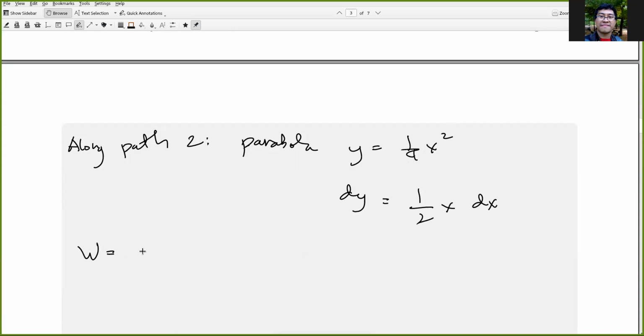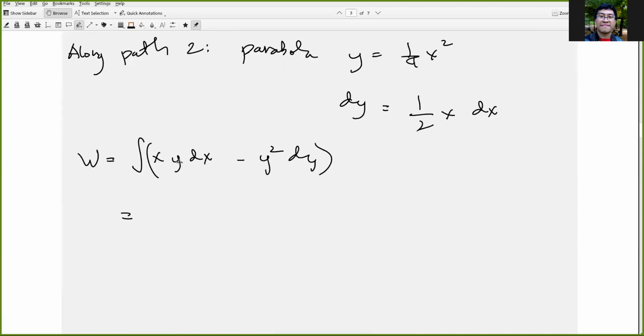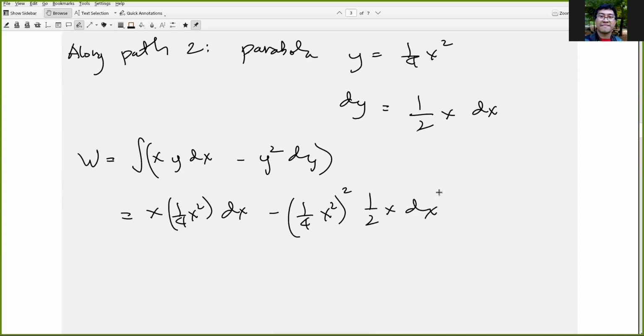So w, which is xy dx minus y squared dy, if you substitute y with some expression of x, you have x times 1/4 x squared dx minus 1/4 x squared squared, that's our y squared here, dy is 1 half x dx.